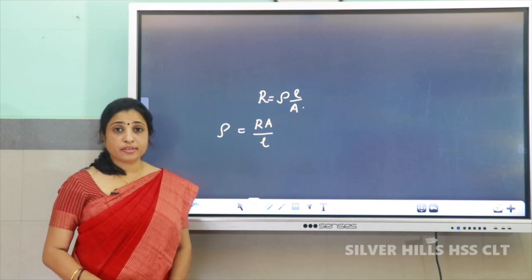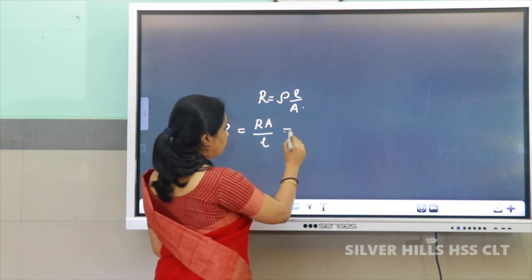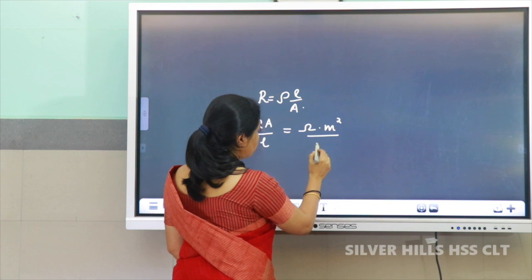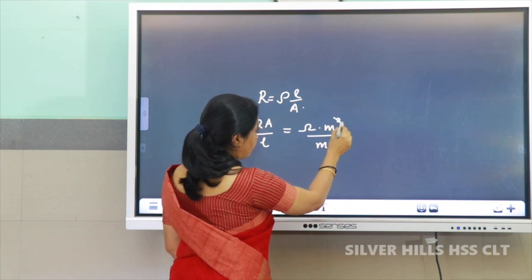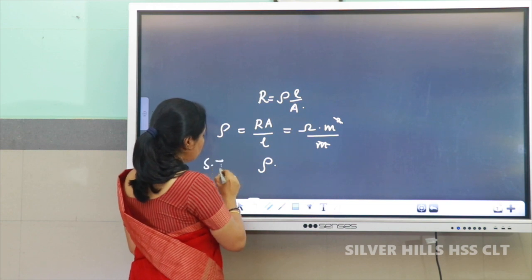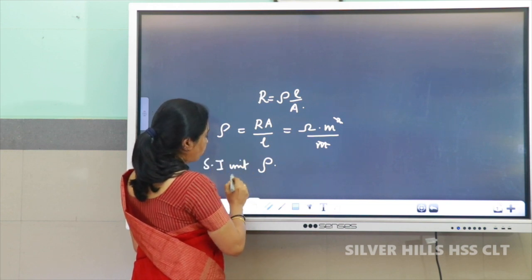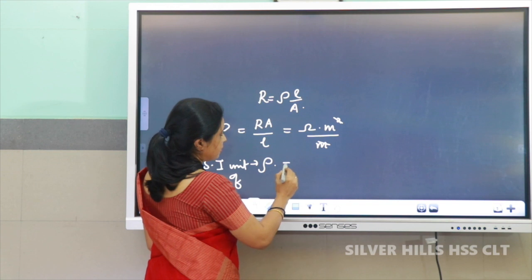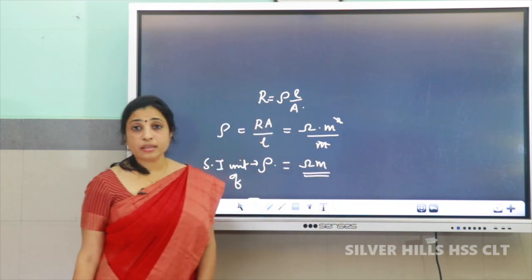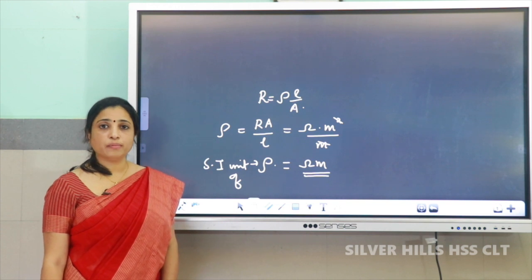So unit of resistance is ohm and unit of area is meter square divided by unit of length, which is meter. M and M will get cancelled and you can see the SI unit of resistivity is ohm meter.